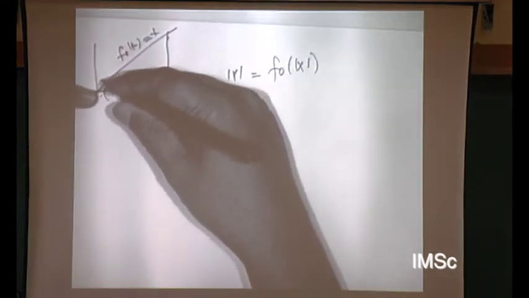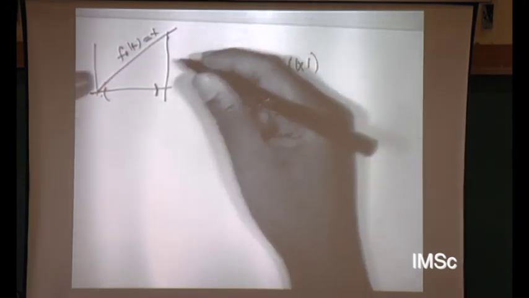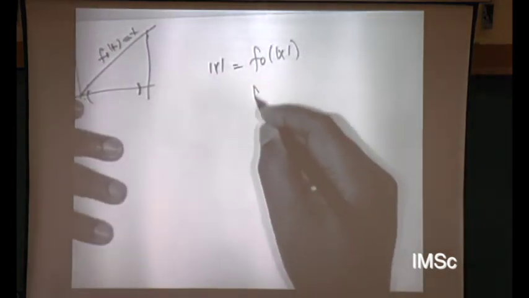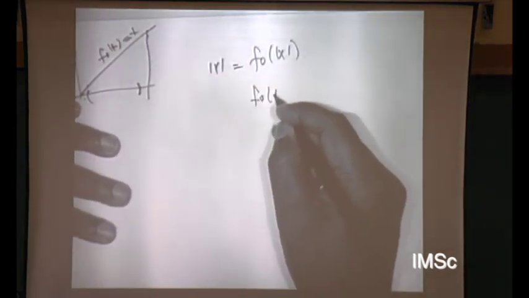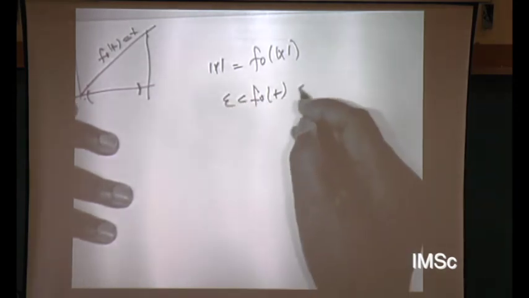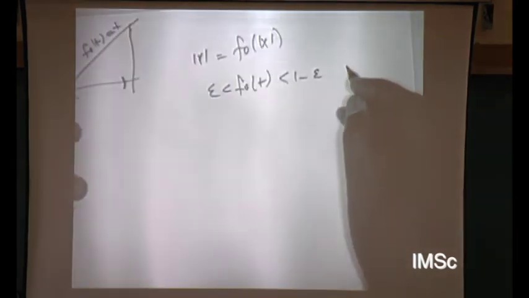You see, if this is not zero everywhere, notice that f naught of t is in that interval.